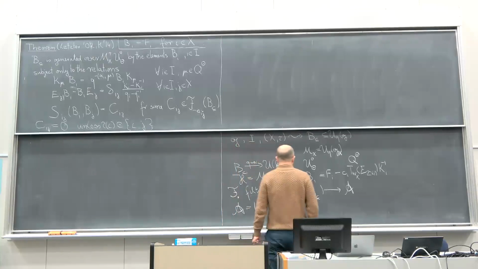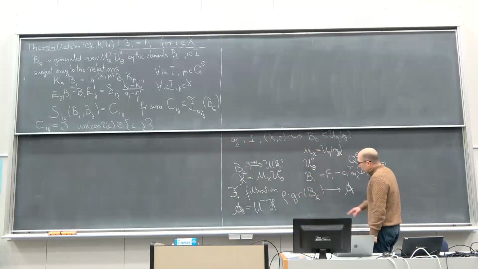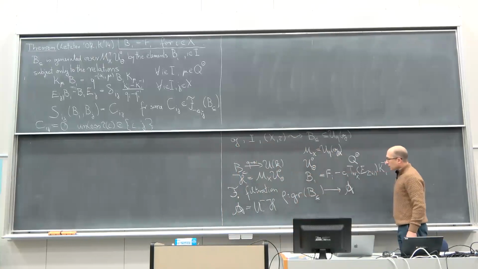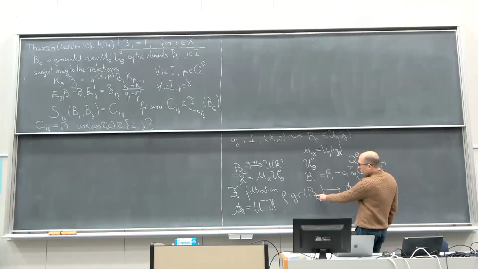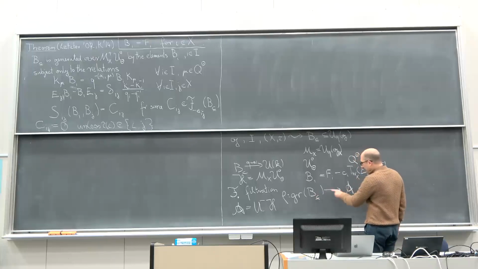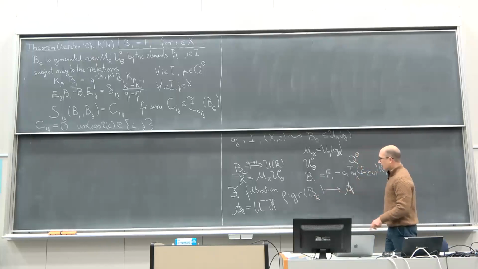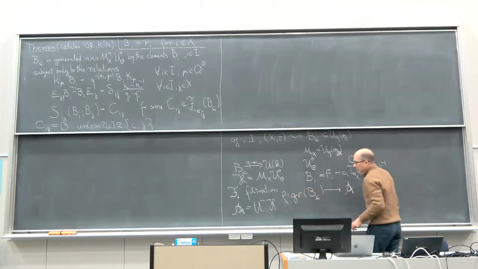So what do I mean by a star product? We would like to lift this isomorphism of graded algebras to an isomorphism of filtered vector spaces from B_C to A, such that if I go to the graded map, I get phi back.